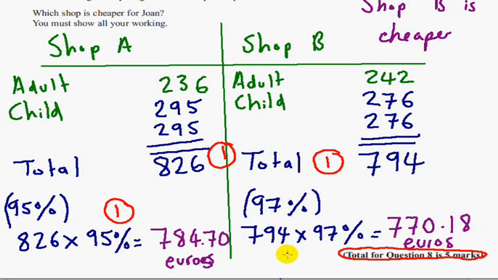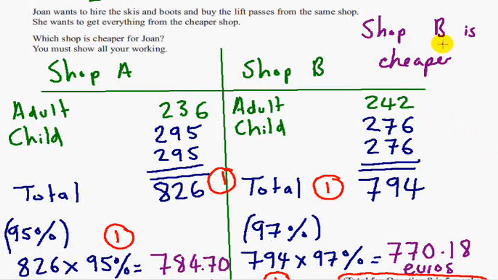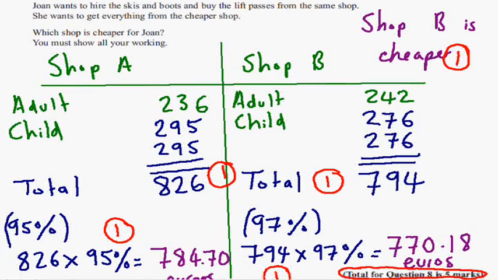Okay, so either one of those would have given you the 4th mark. And the 5th mark is for answering the question shop B is cheaper, but obviously you have to have all the calculations and the evidence there. And that's it.